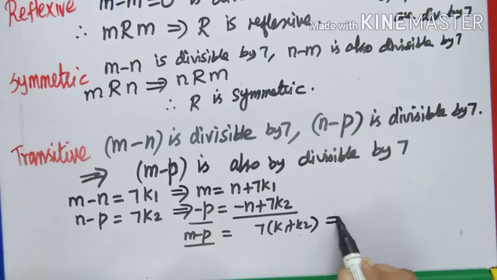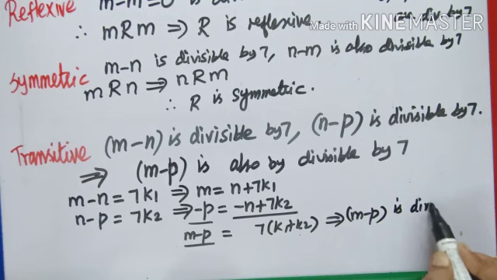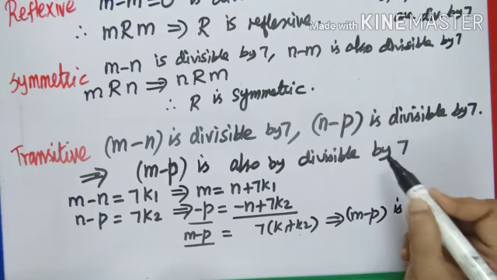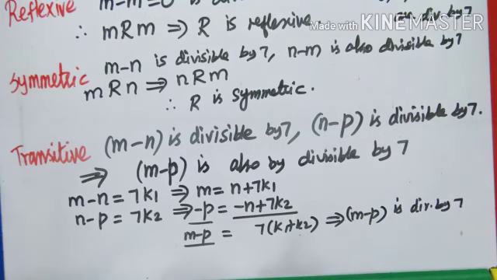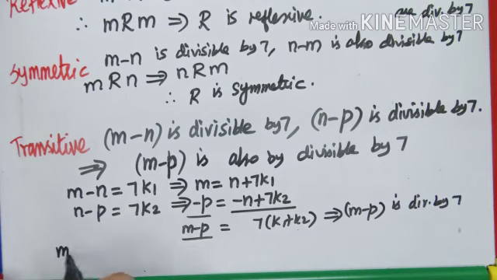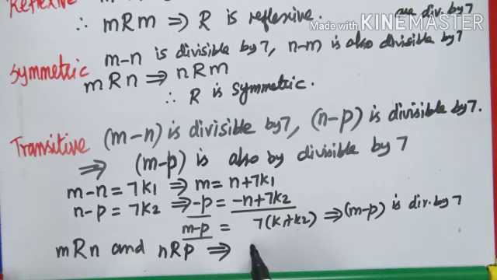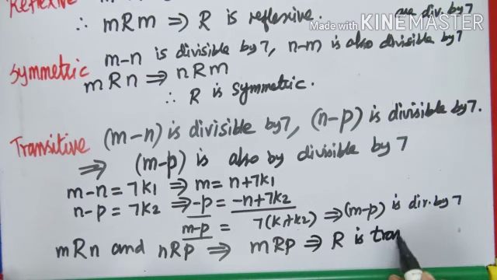So I will decide m minus p is divisible by 7. That is what we have written. So we can conclude m related to n and n related to p implies m related to p implies R is transitive.